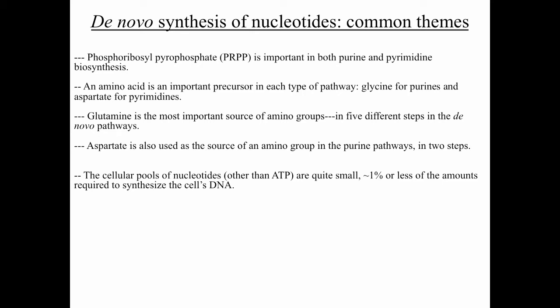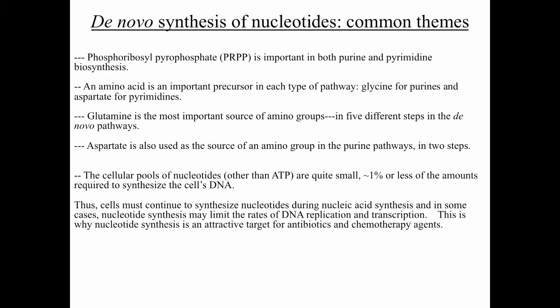Now, the cellular pools of nucleotides are actually quite small, 1% or less of the amounts that are required to synthesize the cell's DNA. And so the cells have to continue synthesizing nucleotides during nucleic acid synthesis or replication. In some cases, the pool of nucleotides as well as the rate of nucleotide synthesis can limit the rate of DNA replication and transcription.